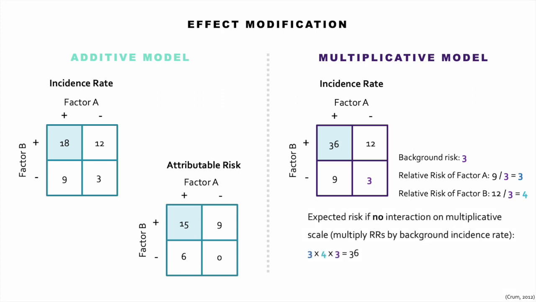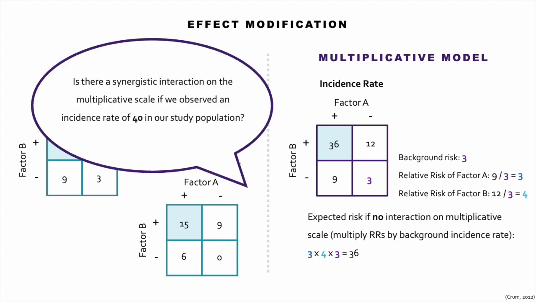Then we multiply 3 by 4 by 3 to get 36, which is our expected risk if no interaction is occurring on the multiplicative scale. Is there a synergistic interaction on the multiplicative scale if we observed an incidence rate of 40 in our study population?